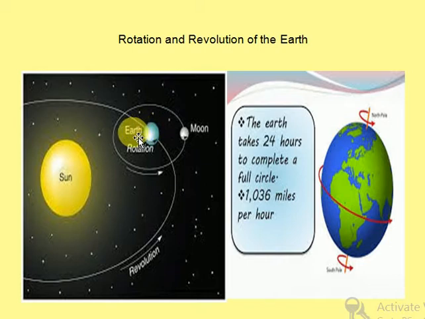So rotation is the movement of the earth on its axis. And the movement of the earth around the sun in a fixed path or orbit is called revolution.